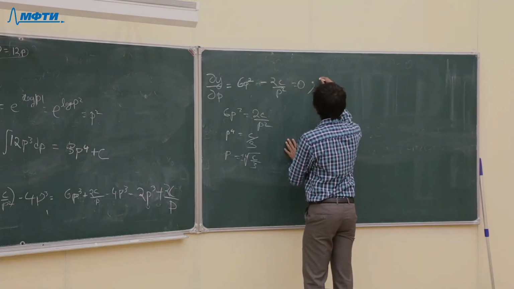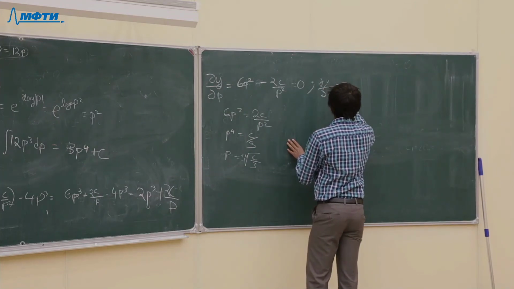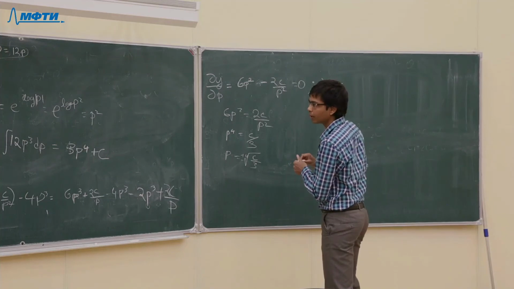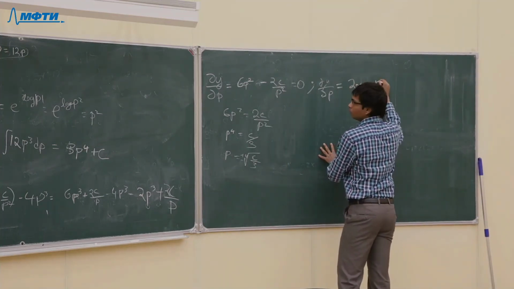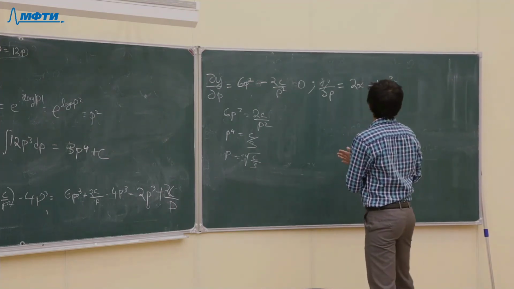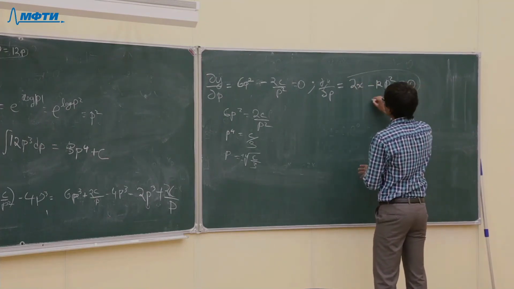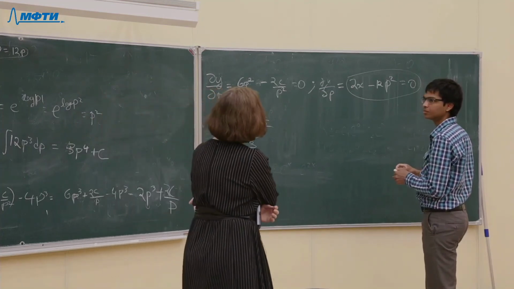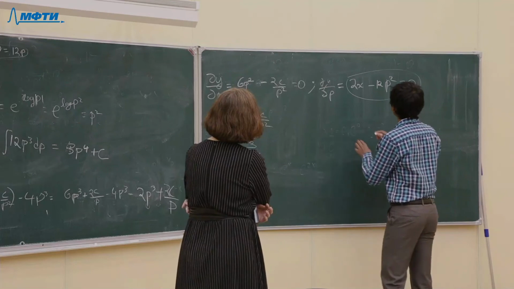So dy over dp will be 2x minus 12p squared equals 0. Right. And now we can solve for p.